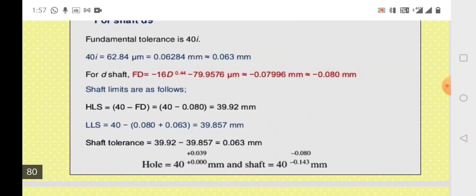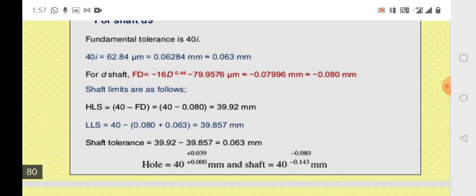So it is 40i. 40i is nothing but, if we put the value of i here, it is 62.84 micron, and it is rounded to 0.063 mm. So if we convert the micron into mm, it becomes 0.063 mm. So for D shaft, FD is equal to minus 16 D raised to power 0.44. This is also given in the problem.